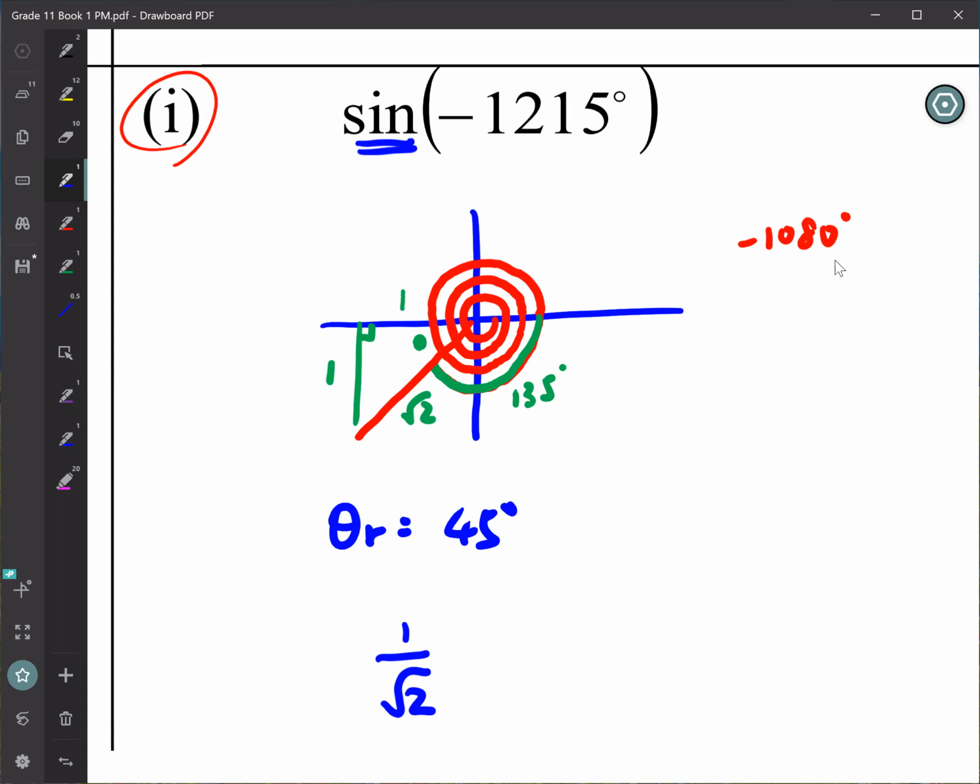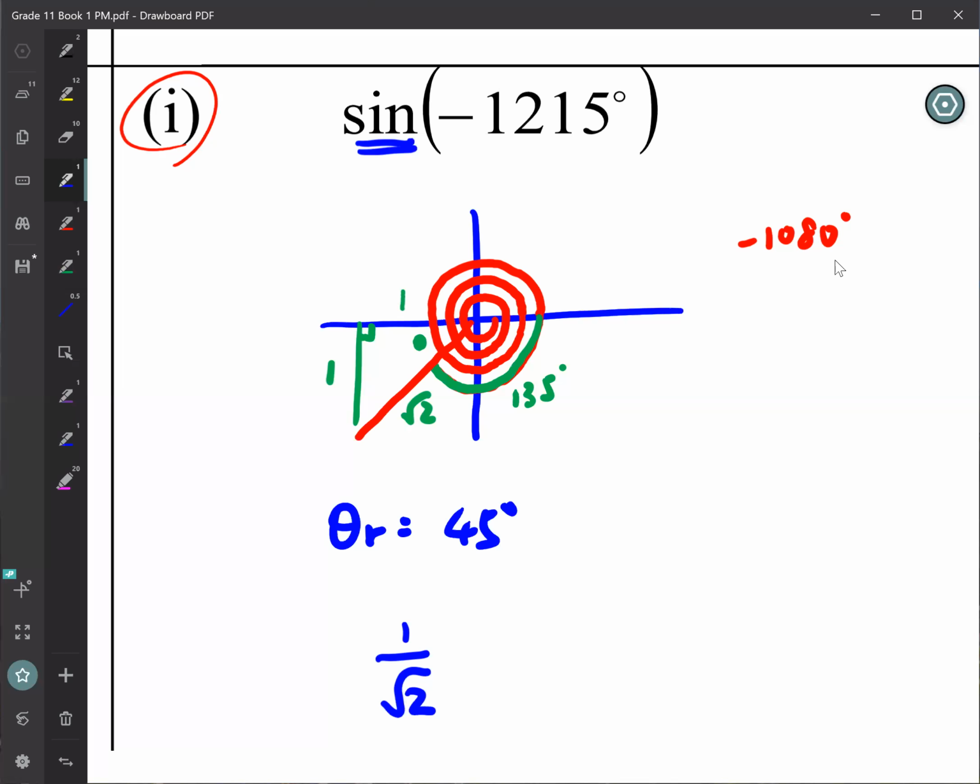Oh, so it would be positive, right? Don't answer the question yet. Can you tell me which quadrant this angle is inside? 1, 2, 3, 4. Which one is it in? 3. Yeah, it stops in quadrant 3.